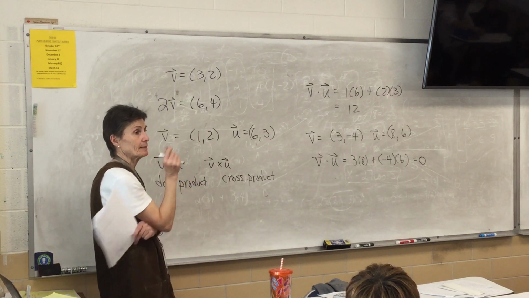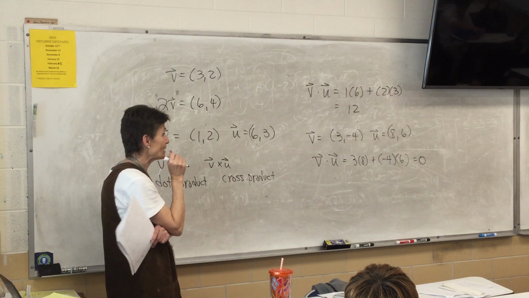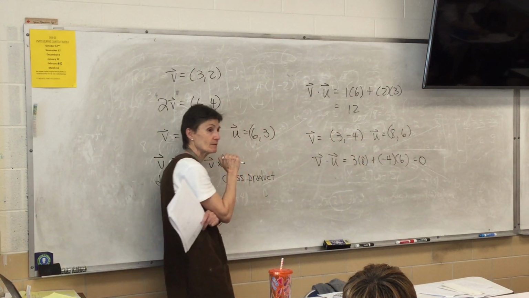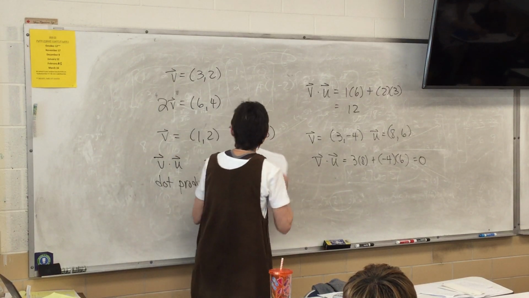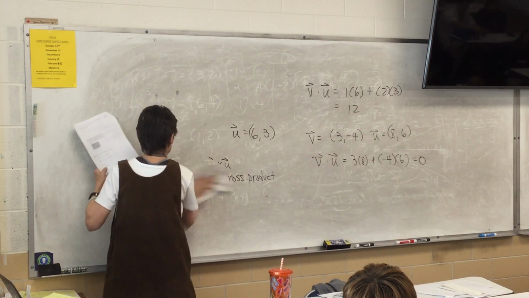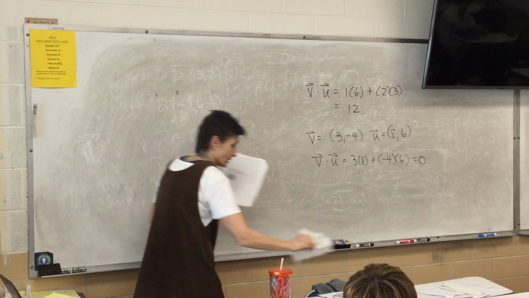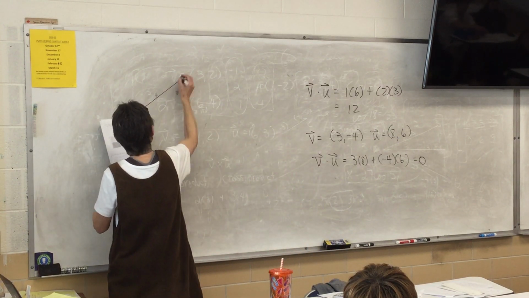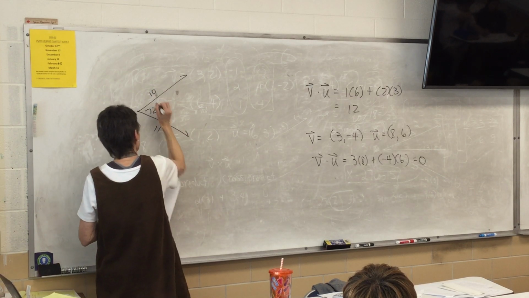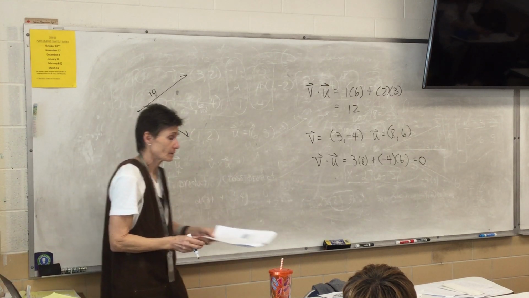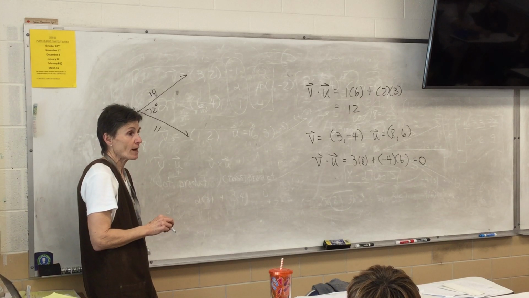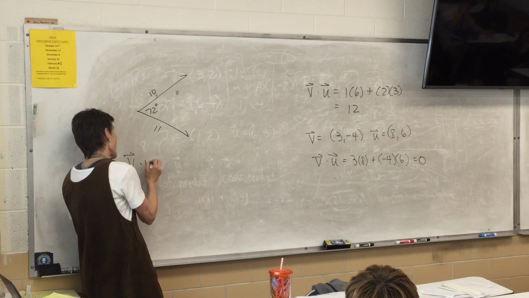Now, a lot of times in the real world of physics, we don't actually have the beautiful little coordinates of the vector, the components of the vector. A lot of times what we have is a situation where we've got 2 vectors forming an angle. So if the magnitude of this one's 10 and the magnitude of this one's 11, and they're forming an angle of 72 degrees, in order to find their dot product, we need a little bit different strategy.